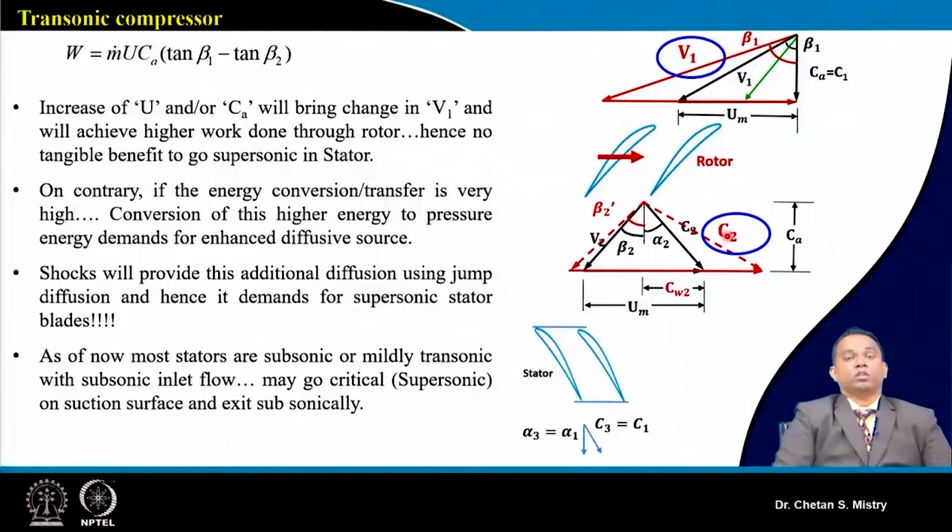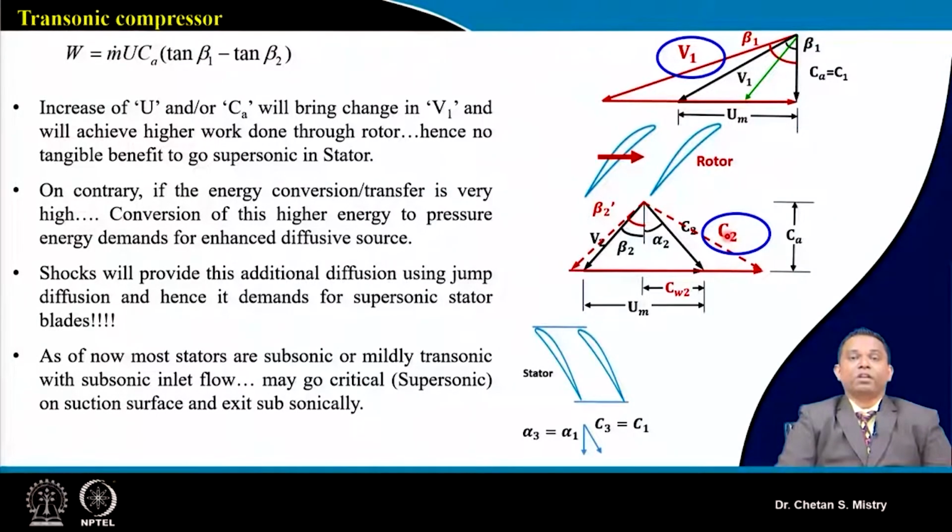So this is all we are discussing in terms of understanding transonic flow. With these fundamentals, we will be discussing in detail what happens when we are talking about the transonic flow compressor.